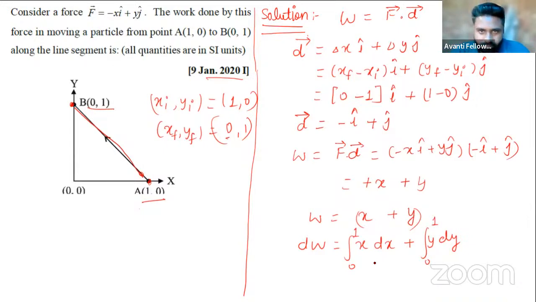Because if I take it otherwise, there is no meaning of these limits. So we have to find the work done along this line segment. Now if we integrate it, it will give you the total work done. So work done here is the integral from 0 to 1 of x square by 2, and it is also y square by 2.